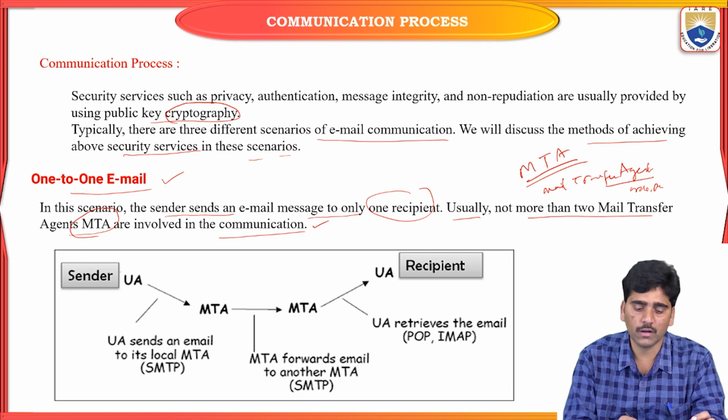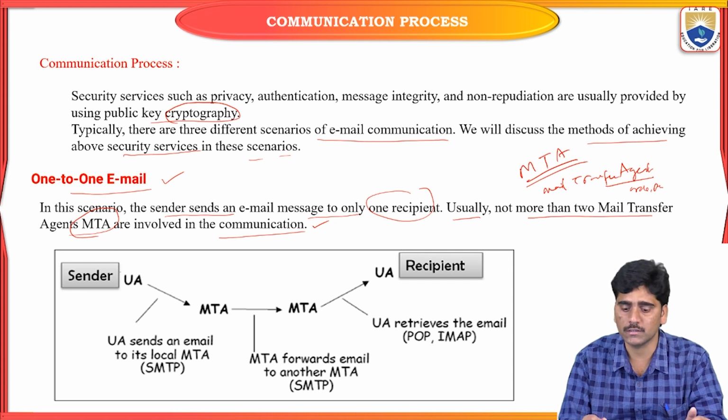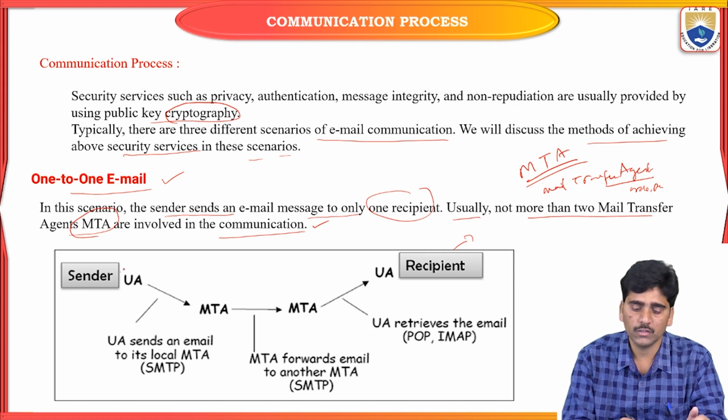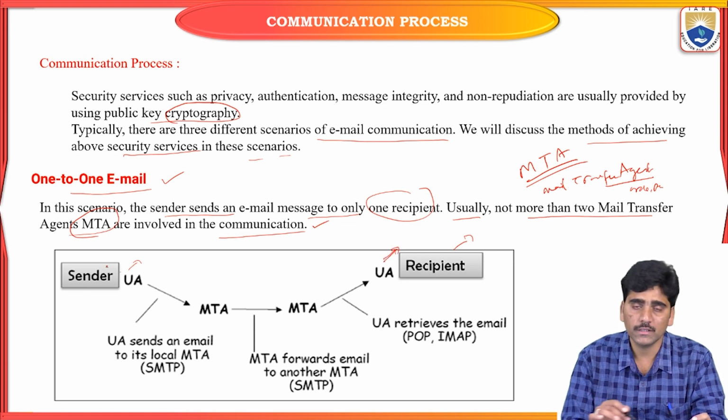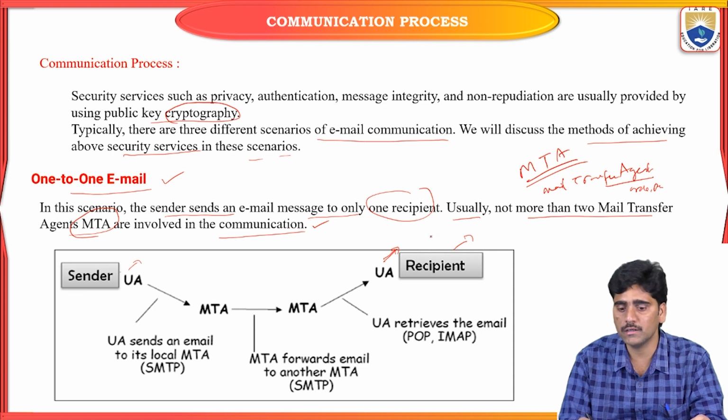Suppose I have the mail and I am the sender. And here is the recipient, the recipient mail and recipient address. So the sender is authenticated and the receiver is also authenticated. The sender mail ID has to be authenticated and the receiver mail ID has to be authenticated.